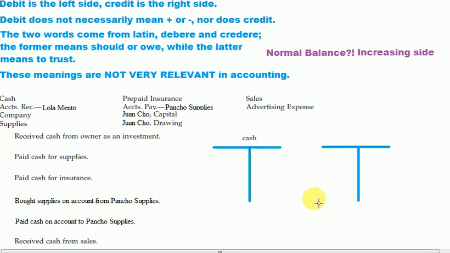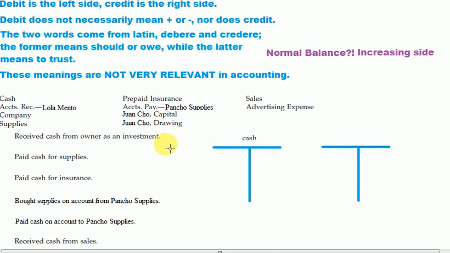What is the other account that is involved? Here you see the keyword investment. Investment is when the owner takes money out of his or her pocket and invests in a business. So definitely that money belongs to the owner. He has the legal right to claim the money that he invests.